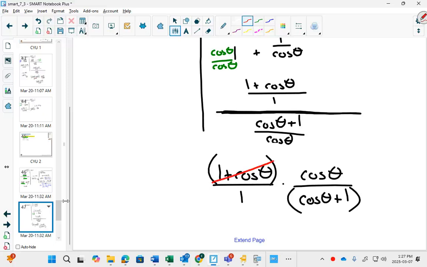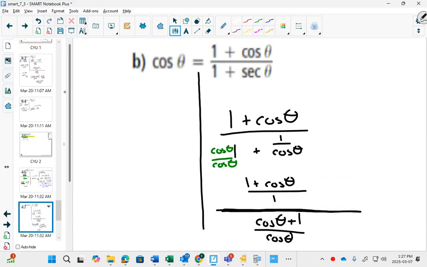Yes, 1 plus cos theta is exactly the same as cos theta plus 1. All that's left is cos theta. Is that what was on the other side? I hope so. It is. So we can say left side equals right side. Our proof is done.